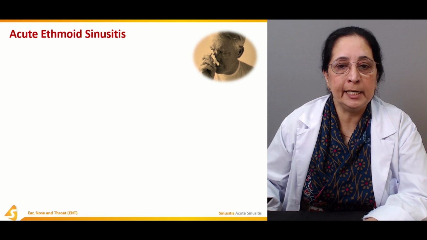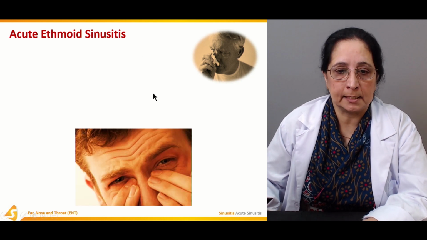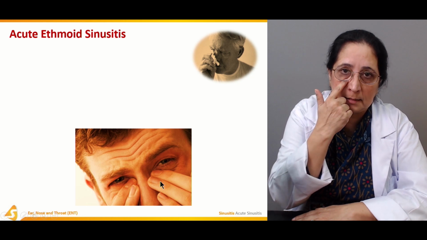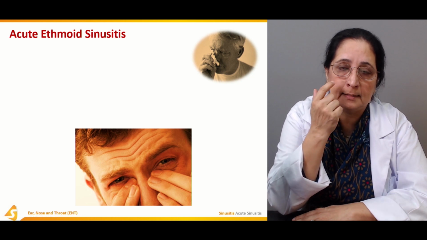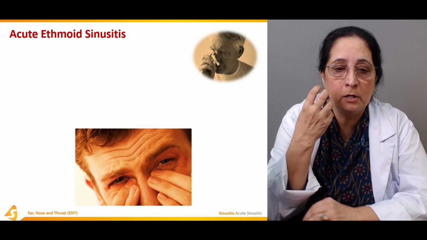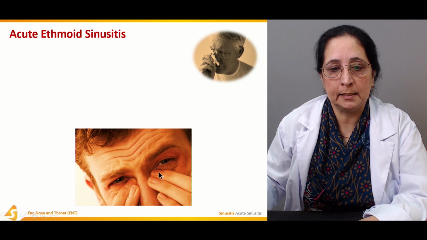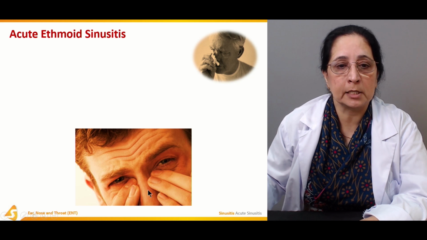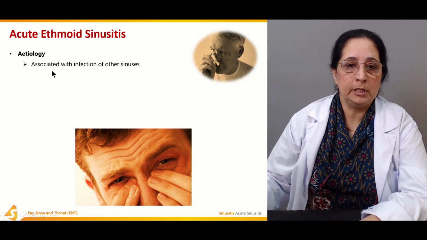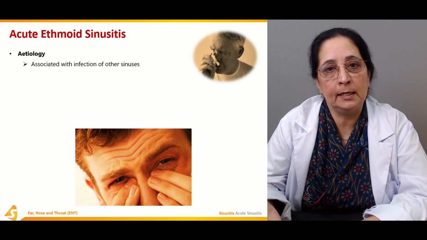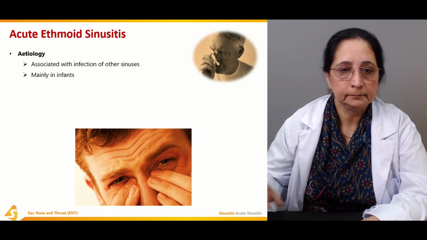Next, acute ethmoid sinusitis. This is the area close to the inner canthus, the lower portion of the inner canthus, and the eye or the orbit. So this is the point of pain when there is ethmoid sinusitis. The etiology is mostly due to infection of the other sinuses.